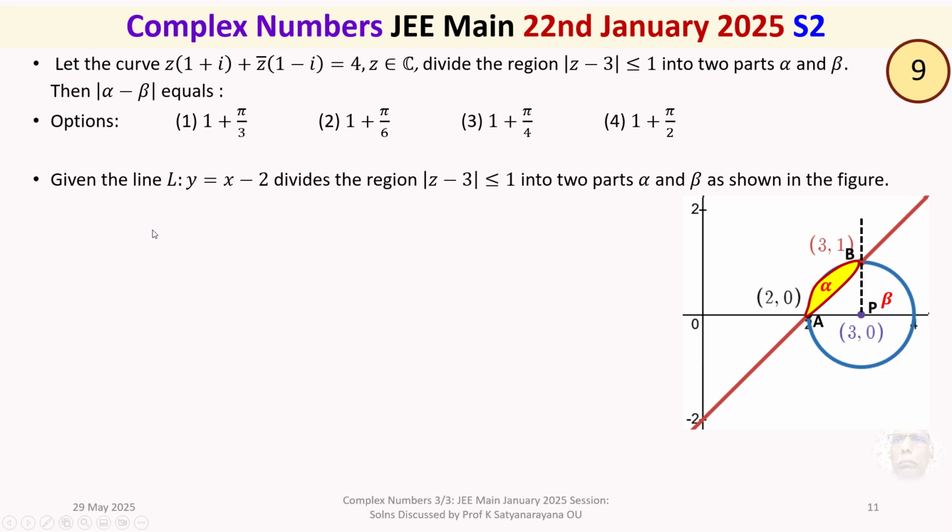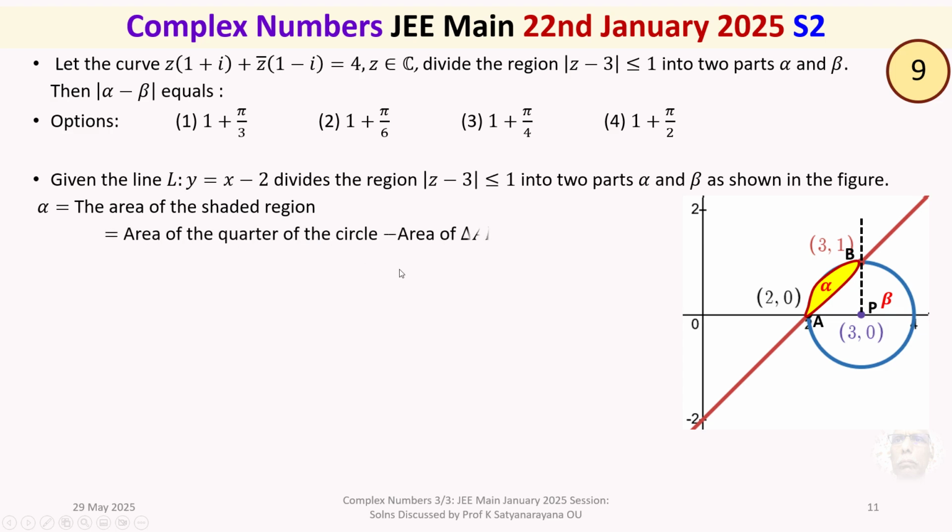Now we will find alpha. Alpha, the area of the shaded region, is equal to the area of the quarter of the circle, 1/4 of the area of the circle, minus the area of the triangle APB.